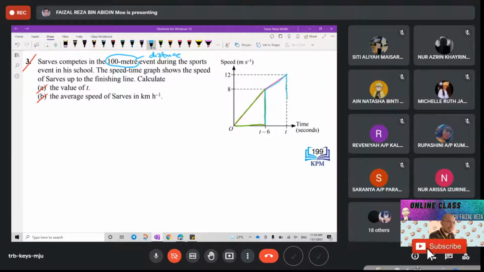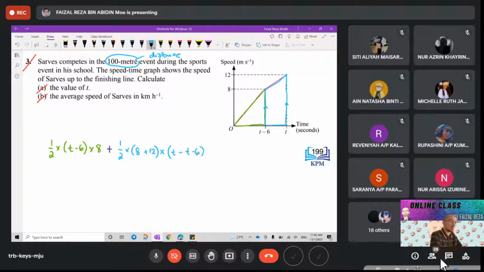So what I have over here, the first one is 1 over 2 times (t minus 6), times 8, plus the other one, 1 over 2 times the parallel lines, 8 plus 12, times t minus 6.